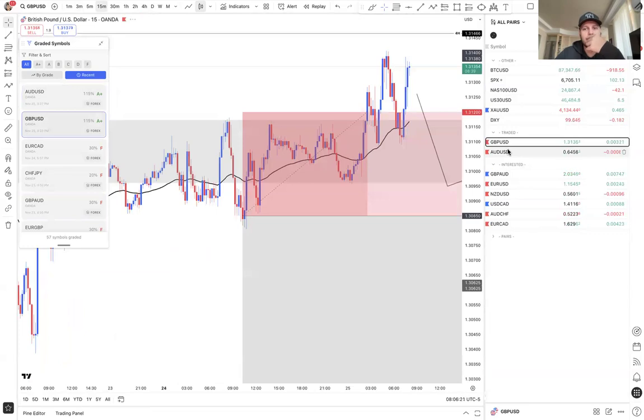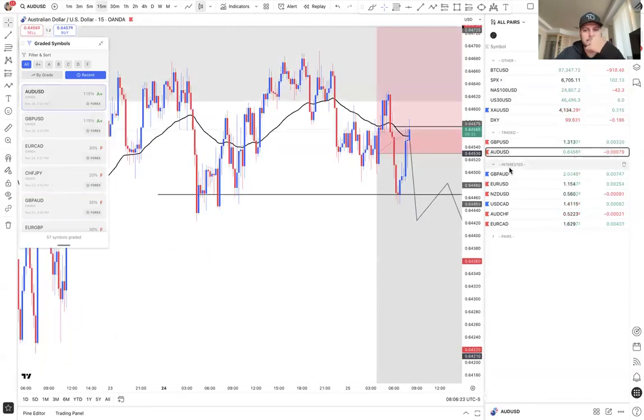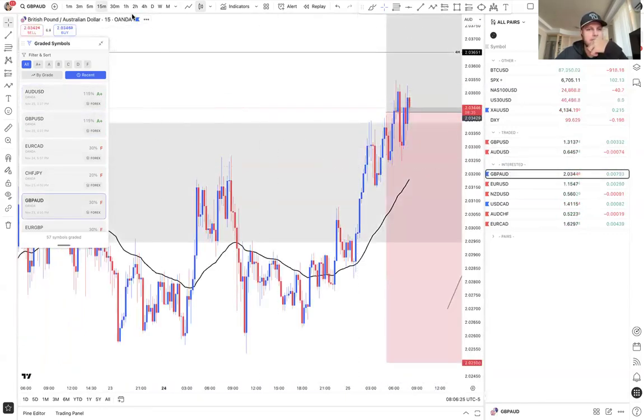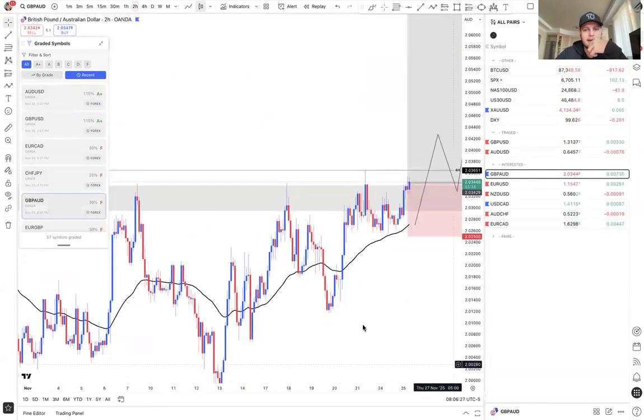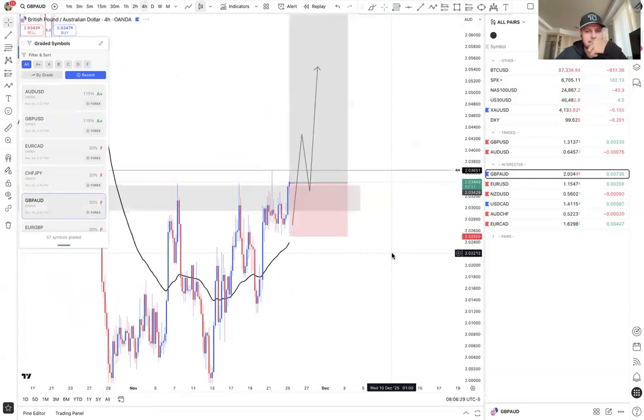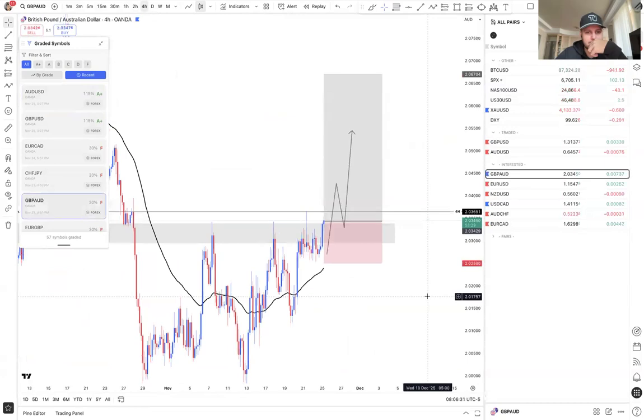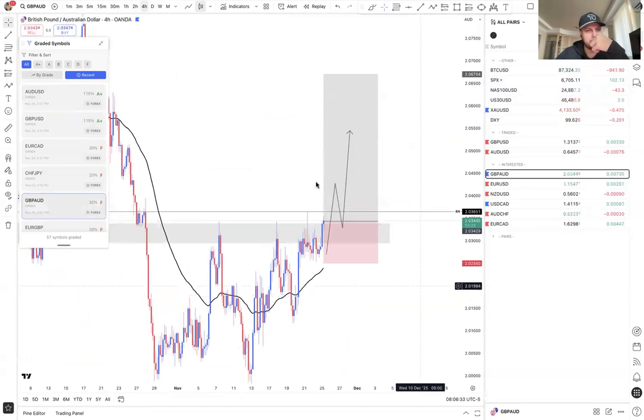Okay, so let's go over what we have for this week. We have GBP AUD, basically ready to buy, I would say. GBP AUD, let me see something. So the spread is 16. That's quite high.